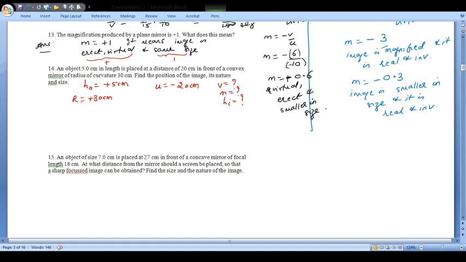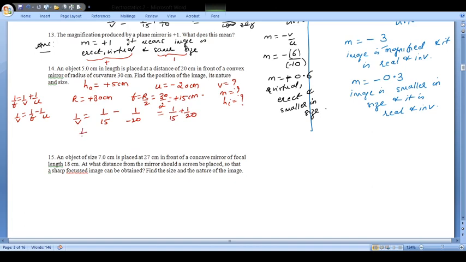Now see the radius. So we know that f is equal to r by 2. So 30 upon 2 is 15. So it will be plus 15 centimeters. So you have the formula 1 upon f is equal to 1 upon v plus 1 upon u. So 1 upon v is 1 upon f minus 1 upon u. F is 15, minus 1 upon minus 20. So this will be 1 upon 15 plus 1 upon 20.